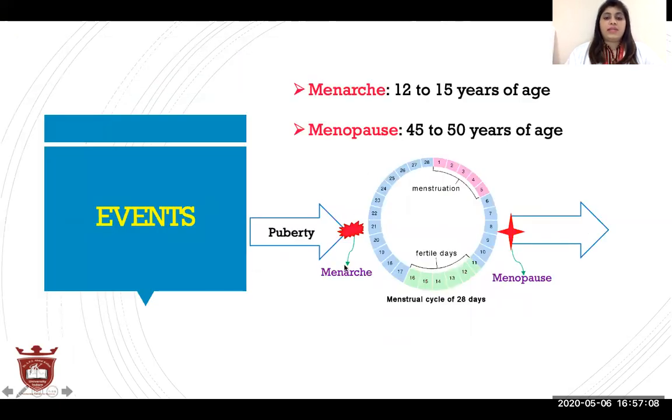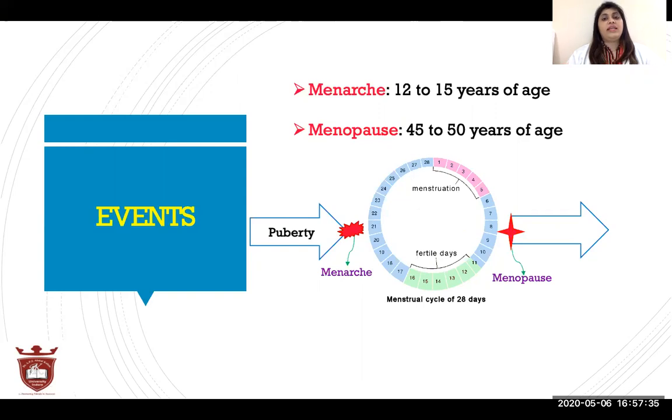Now, what is menarche? Menarche is the first menstrual cycle. Appearance of the first menstrual cycle is menarche. It appears in early adolescence and it is a part of puberty. It appears at 12 to 15 years of age.